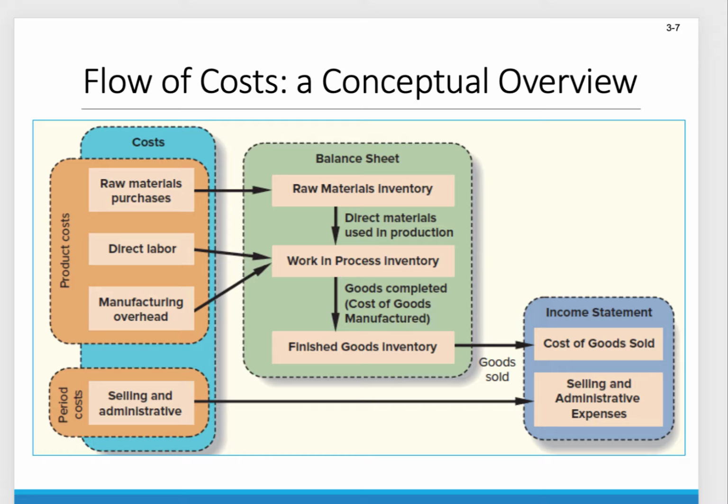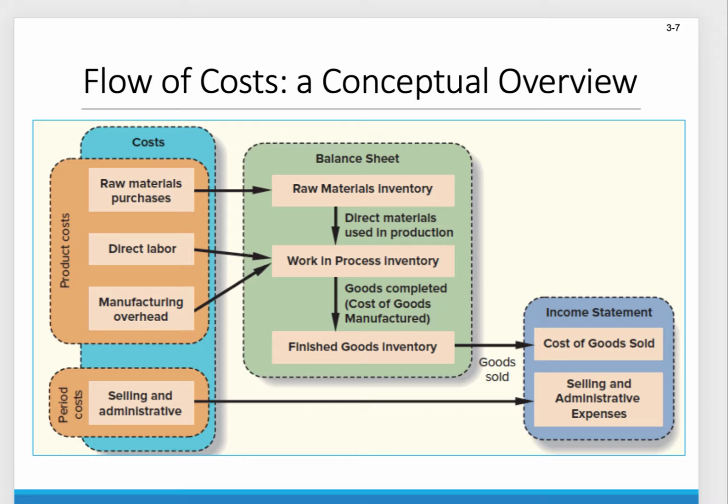As we start producing and making things, those products go to our WIP bucket, because we're adding raw materials, labor, and overhead. So as we're making stuff, the costs flow to the balance sheet.